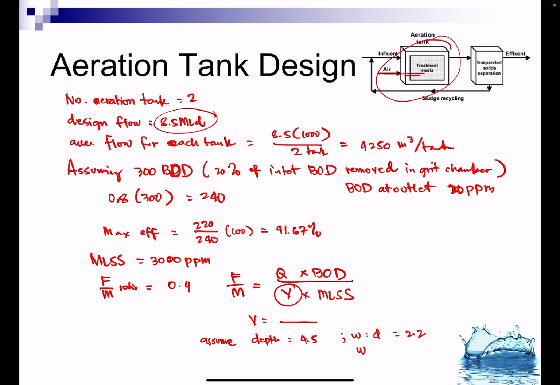If you know the depth, which is 4.5, and the width to depth is 2.2, your width would be 4.5 times 2.2, so around 10. Knowing your width and depth, you can compute for your length, which is basically the volume divided by the depth times the width.